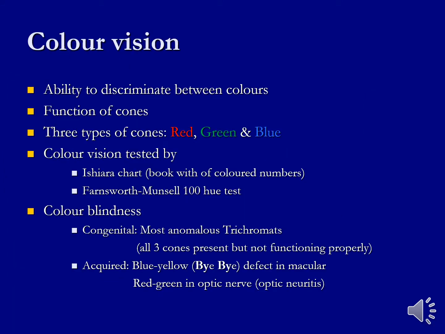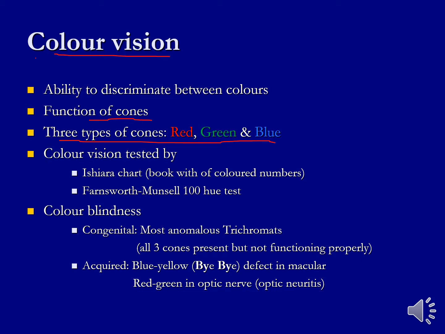The next vision sense we are going to describe is the color vision or the color sense. It is the ability to discriminate between different colors, and it is a function of the cones. In the retina, we have 3 types of cones, which are red, green and blue. With the help of these 3 basic colors, we are able to distinguish between thousands and thousands of different colors.